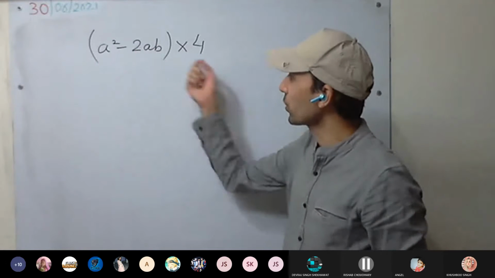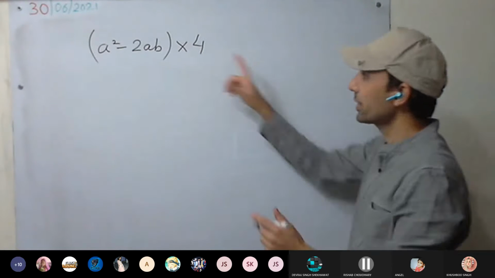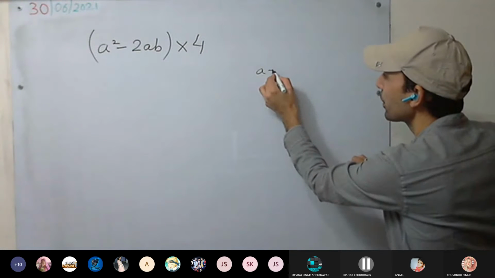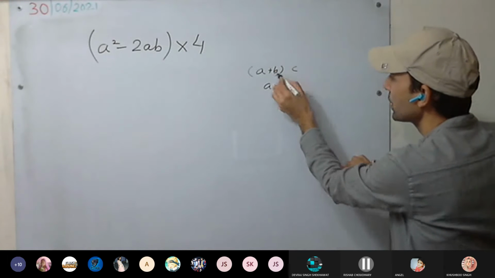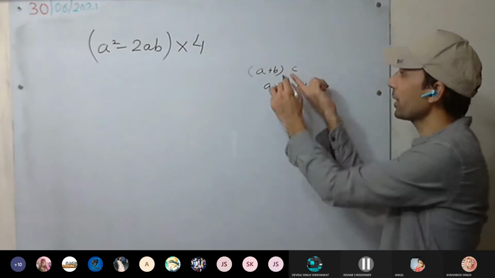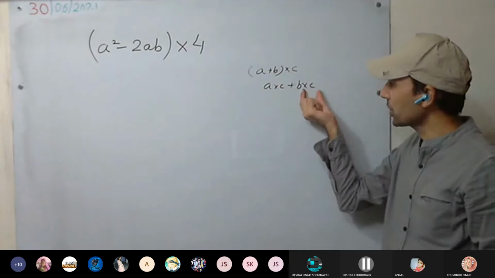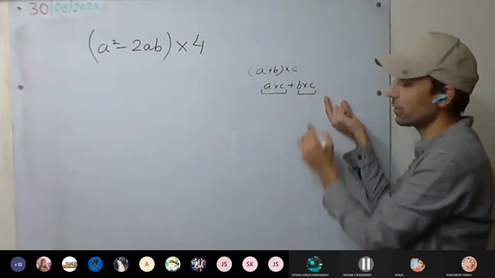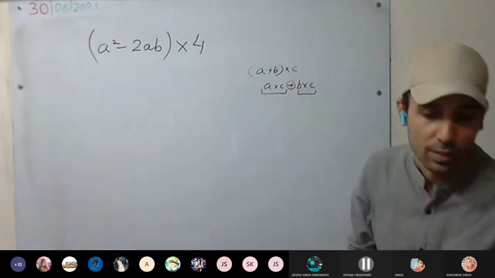It means each term of the binomial we are going to multiply with 4. So it means we can distribute. It is like this: a plus b into c equals a into c plus b into c. So what have we distributed? We have distributed multiplication over addition. See here, this side also multiplication, this side also. We distributed multiplication over addition.